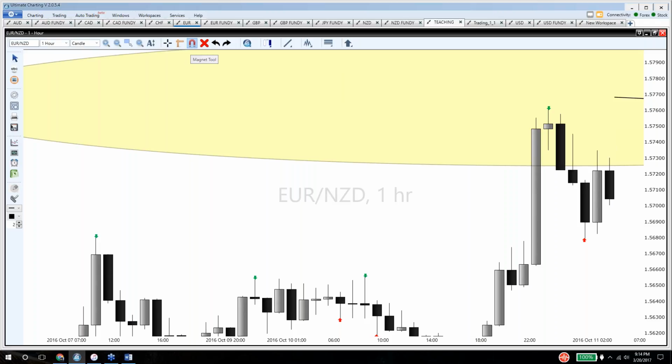I'm going to use the magnet tool as well. The magnet tool will attach whatever it is that I'm drawing. It's going to attach it to the high or to the low of whatever the candle that is highlighted. See how the candles get highlighted in red as I move my mouse? Whichever highlighted candle, the magnet tool will attach to the high or to the low based on the position of the mouse. If I'm above the candle, it will attach to the high of that candle.